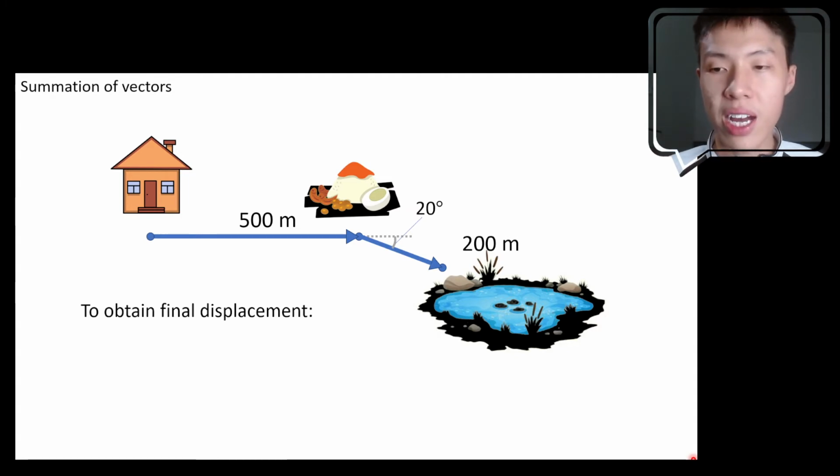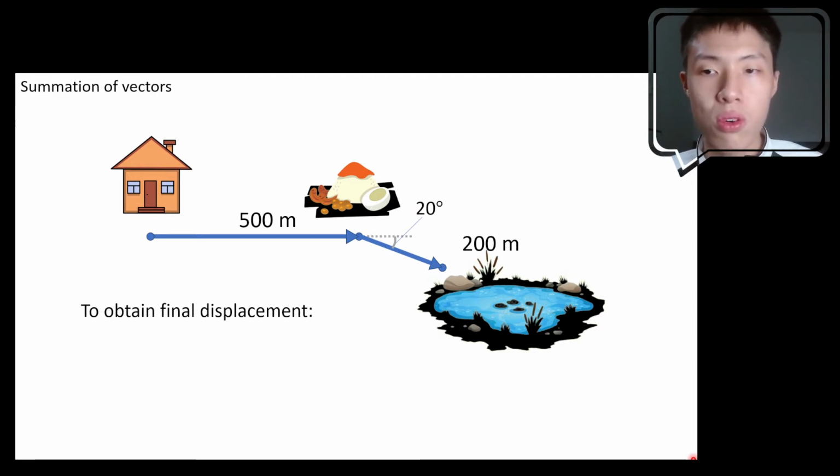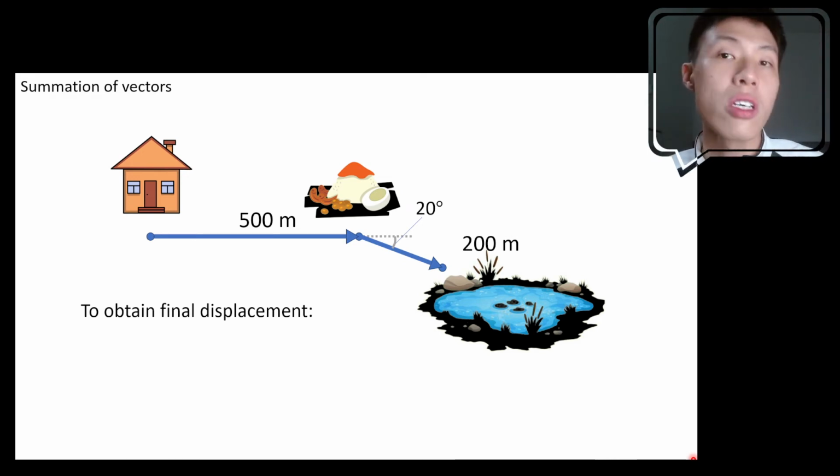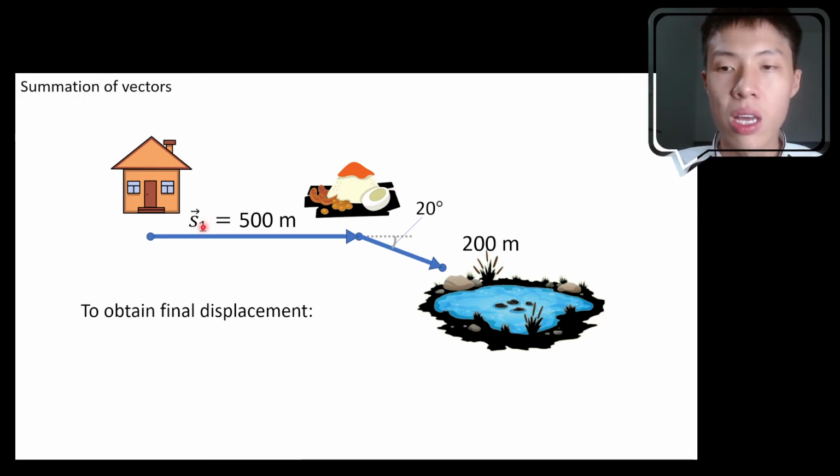Now if I ask you to obtain the final displacement of you traveling from your home to the nasi lemak stall to the lake, what would you do is you take the first part of the displacement, which is S1, together with the second part of the displacement.